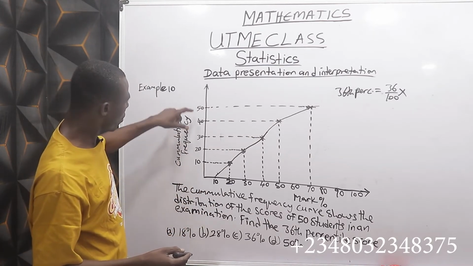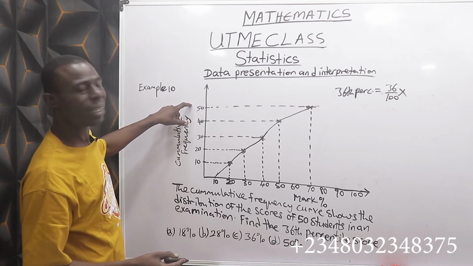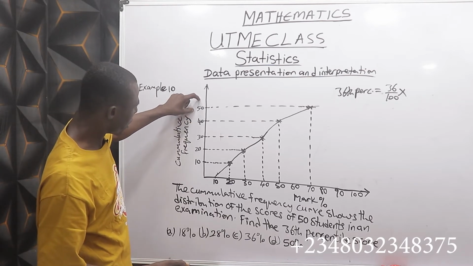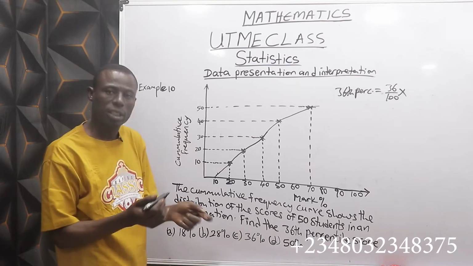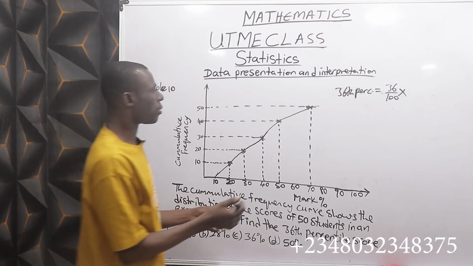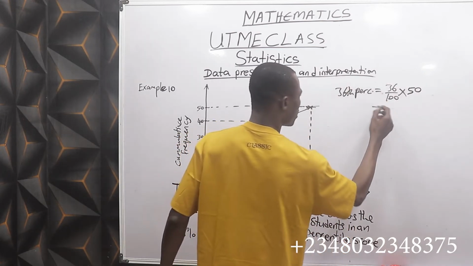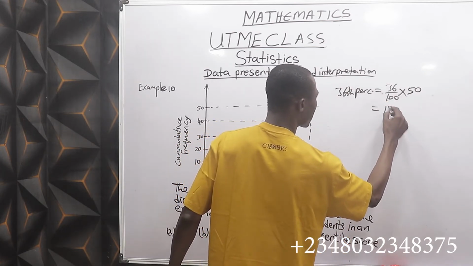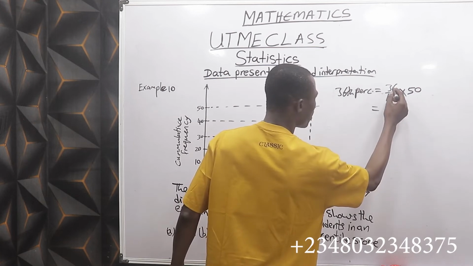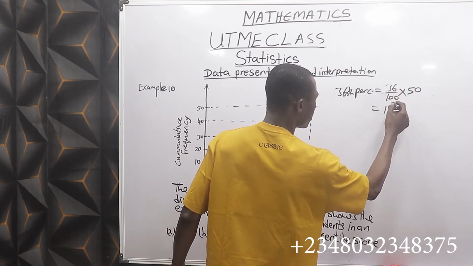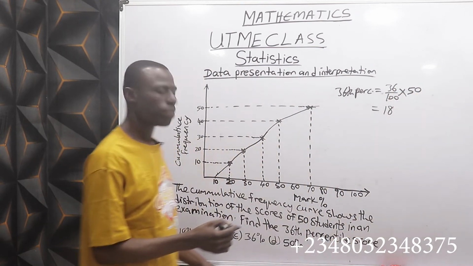The total cumulative here is 50. Don't forget, the highest number here, which is 50, is the cumulative frequency, total cumulative. So, cutting this, we have 18 of it. 36 over 100 times 50, we have 18.